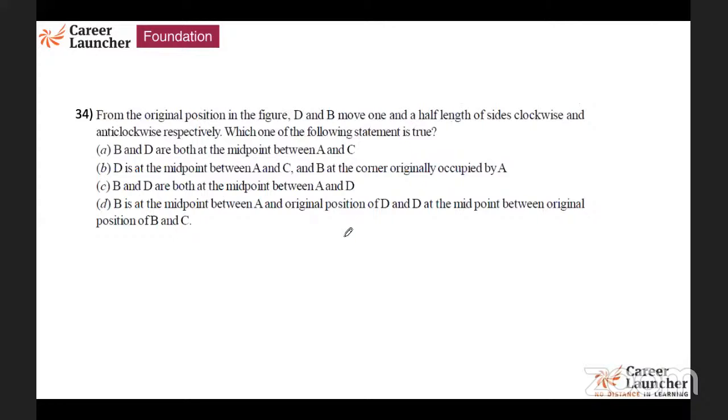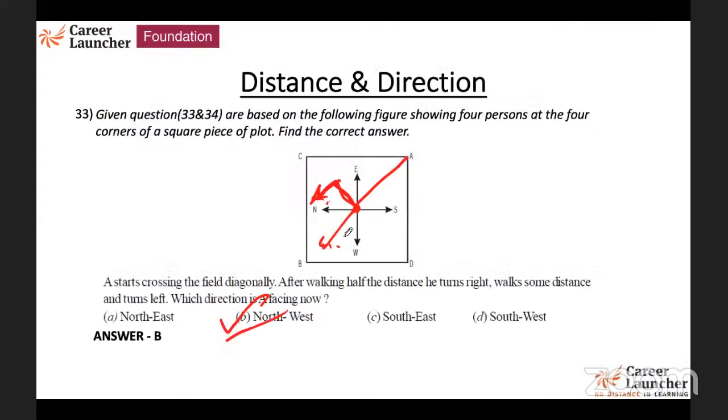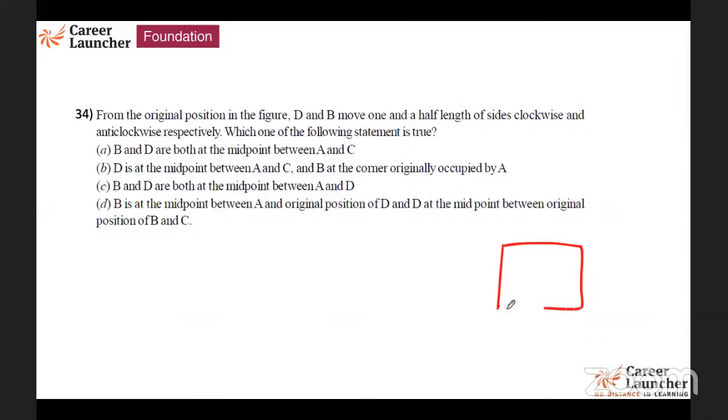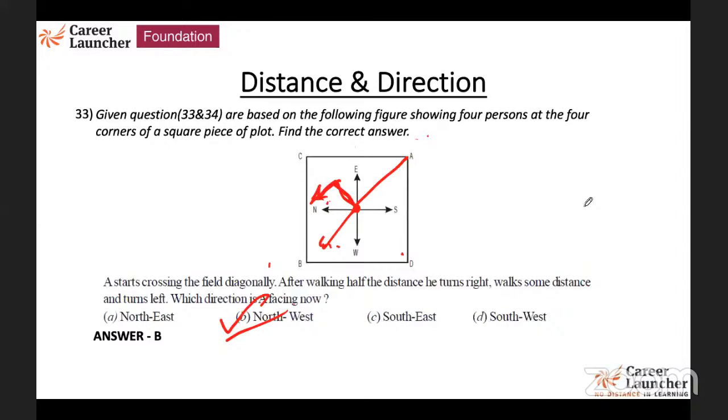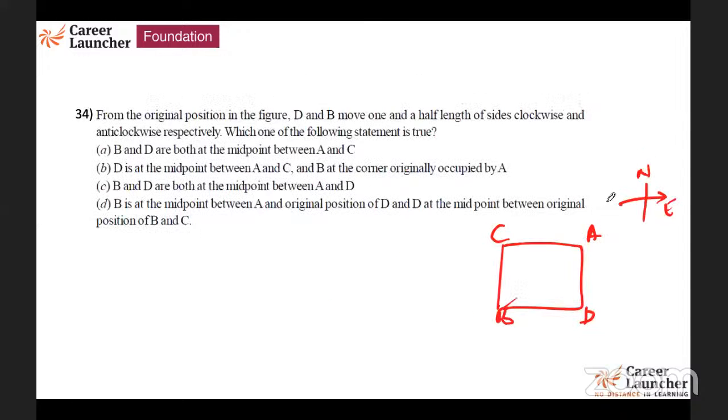Look at this question. Remember this. A, B, C, D are there. I'll just put it across here. And we also know this is east, north, differently given. E, S, and W. This is given as north, this is given as W. This is south given and this is east given. Now please solve this question.